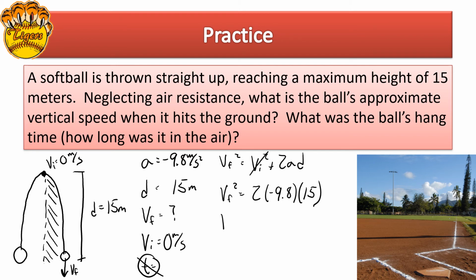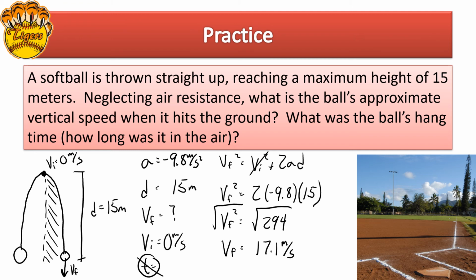So you get VF squared is equal to 294. Then you take the square root of both sides, and you get VF is equal to 17.1, really 0.146, so we'll call it 17.1 meters per second.